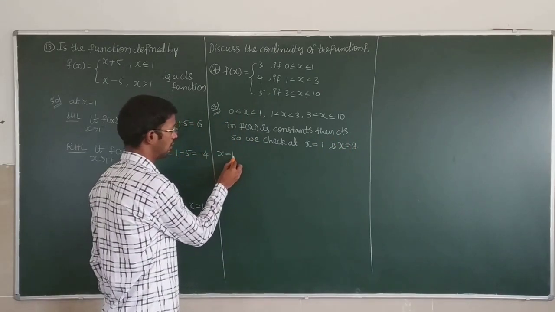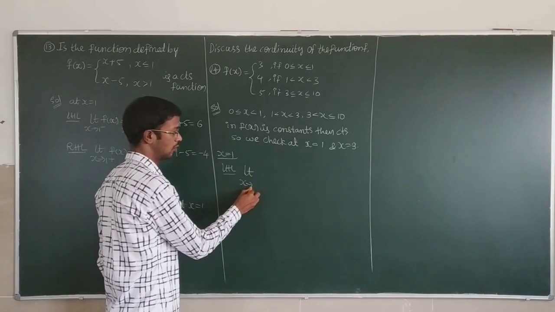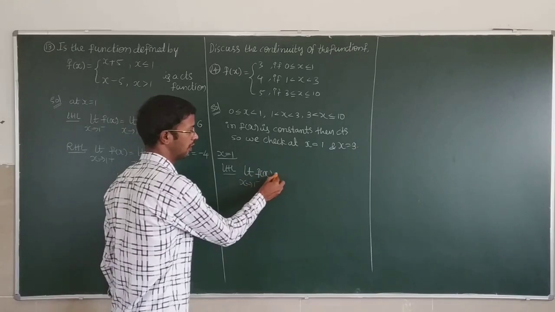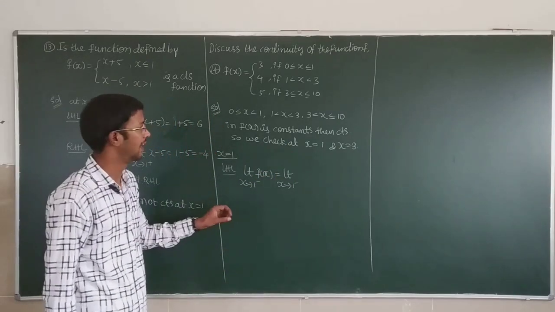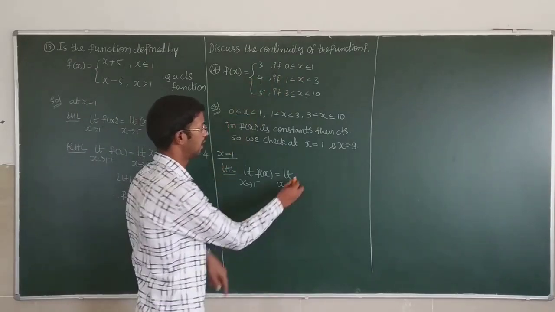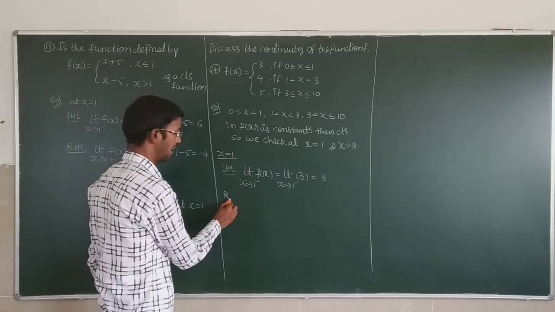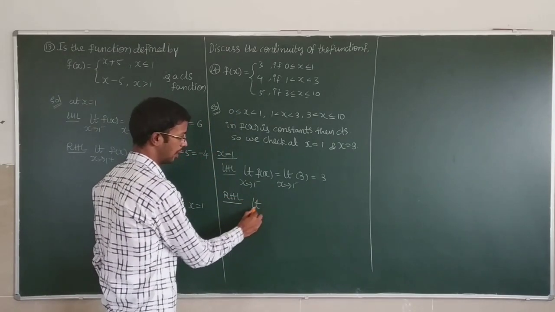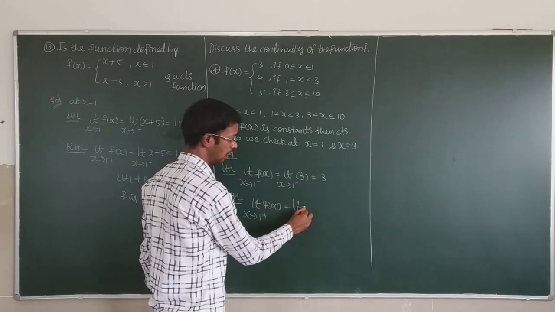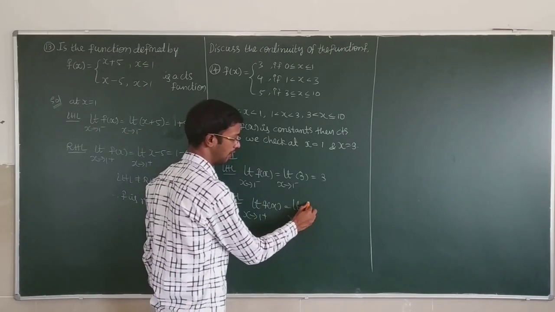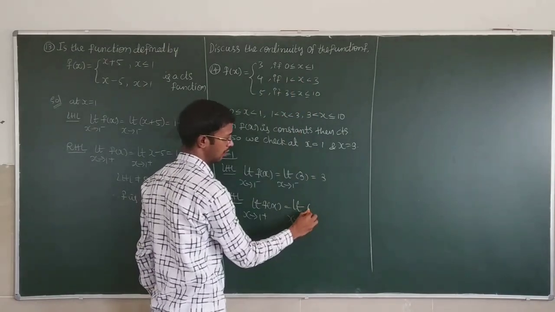At x is equal to 1, LHL: limit x tends to 1 minus f of x is equal to limit x tends to 1 minus, less than 1, is 3. So the LHL answer is 3. RHL: limit x tends to 1 plus f of x, greater than 1, is 4.